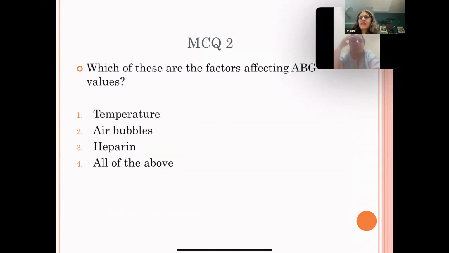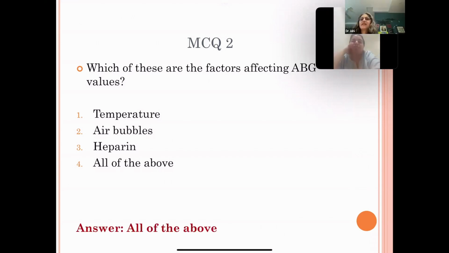The next, which of these are the factors affecting the ABG values? Temperature, air bubbles, heparin, all of the above. Yeah. Pavani answered. I think everyone answered. I think three students answered option 4.